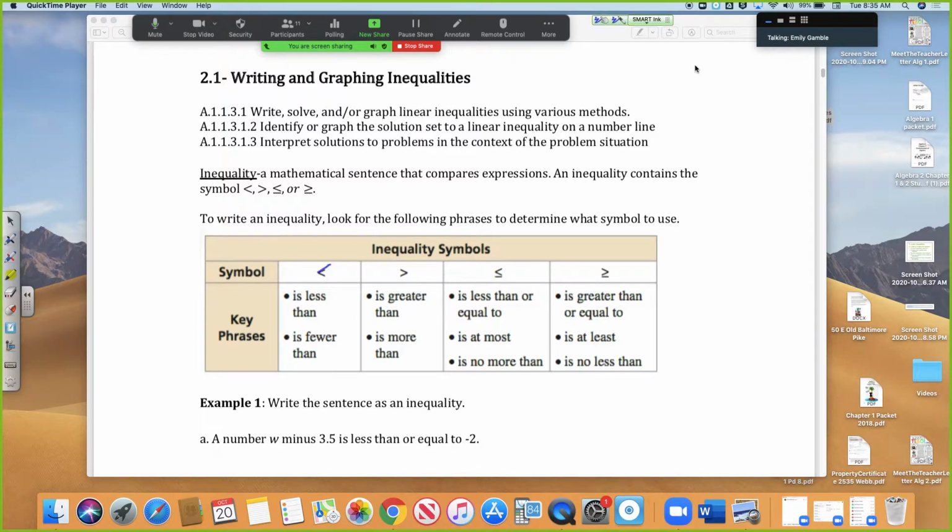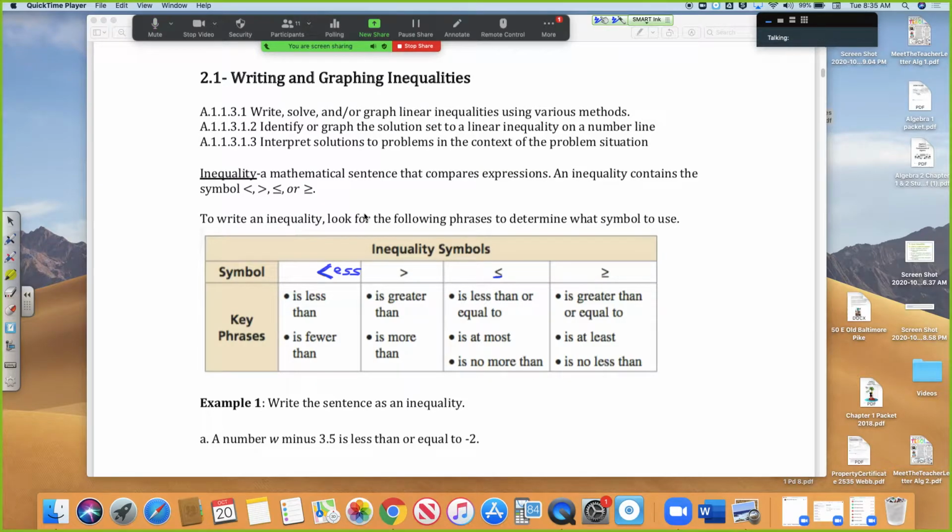This one here is less than, and less than kind of looks like an L, which helps you remember that would be less than, and then the opposite is greater than. When you have a little line underneath of it, that means equal to as well, so you can have less than or equal to, or if you flip it around, it can be greater than or equal to as well.